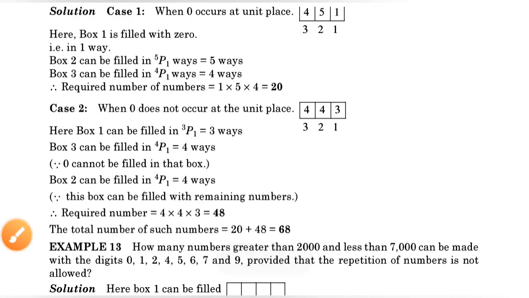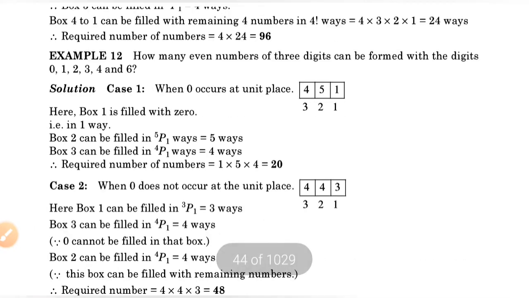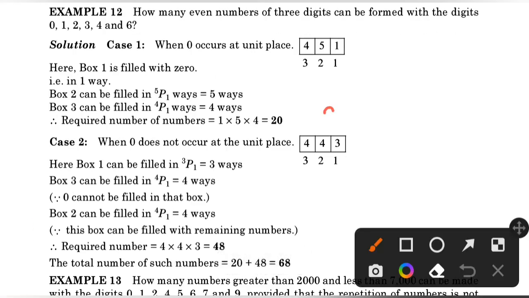Now when 0 does not occur at the unit place, then the first place can be filled in 3P1 ways, that is, the even numbers other than 0 are 2, 4 and 6. So at the unit place there will be either 2 or 4 or 6. So there are 3 different ways to fill box 1. Now box 4 can be filled in 4P1 ways.